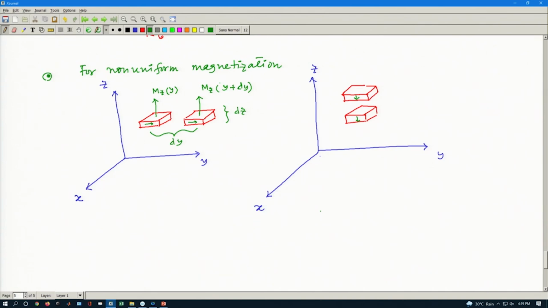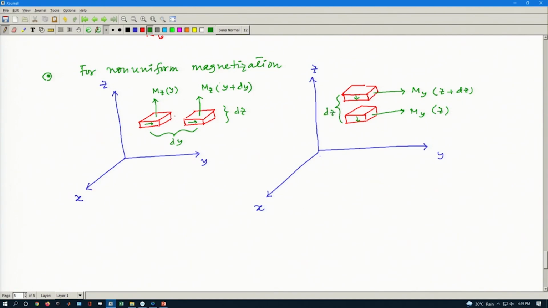The value of m in this direction, this is the y component, this is the magnetization y component, but this is at the value z plus dz, and this is the value at z, and this distance is dz.